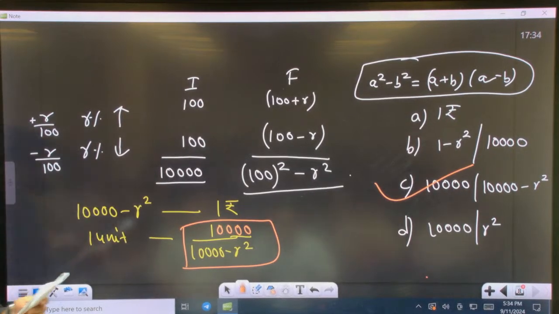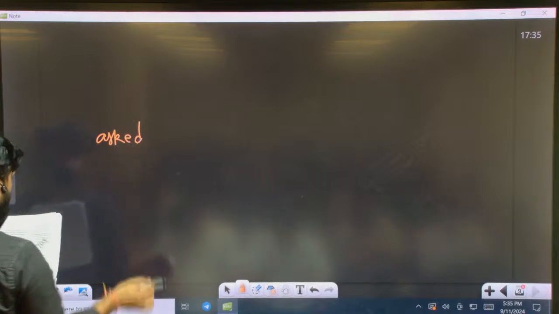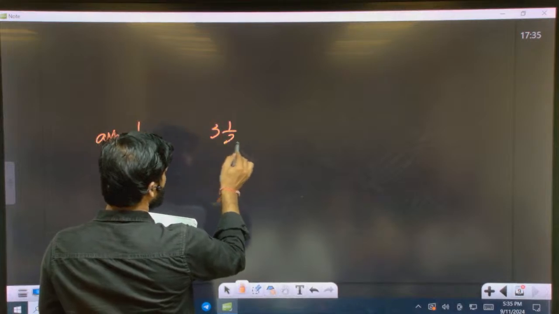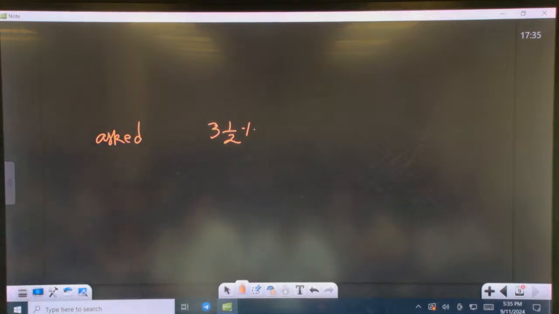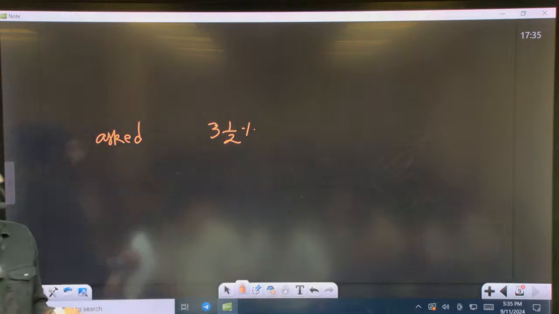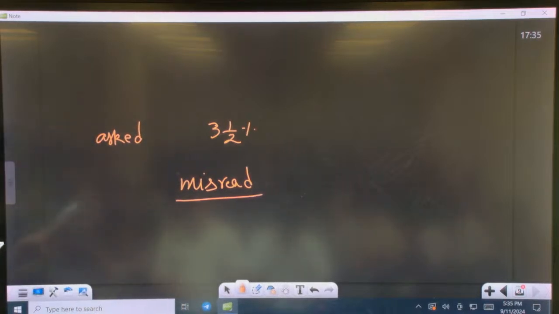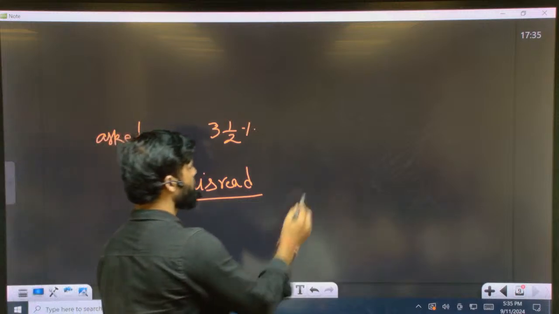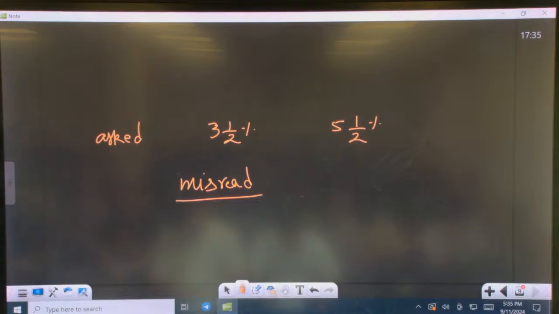Done? Write the question. A boy who was asked to find 3.5 percentage of a sum of money misread the question and found 5.5 percentage of it.